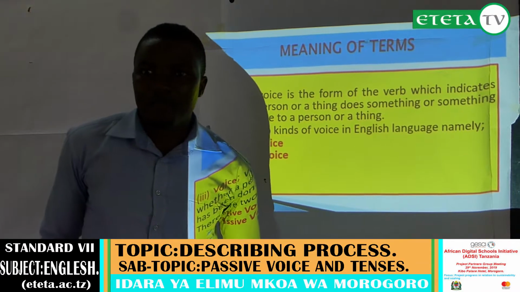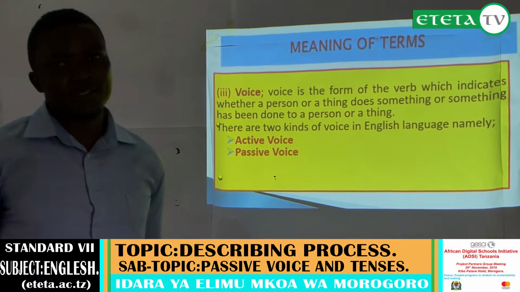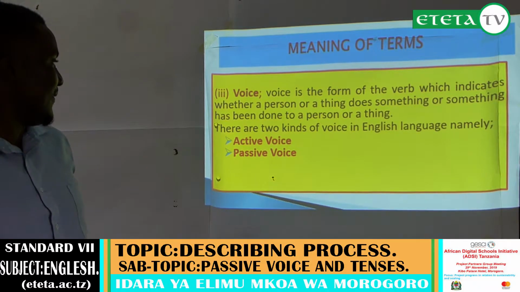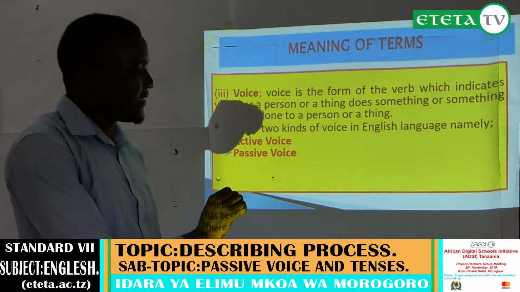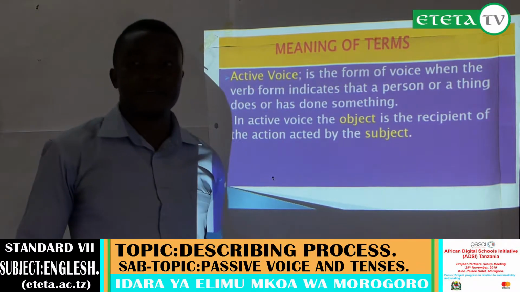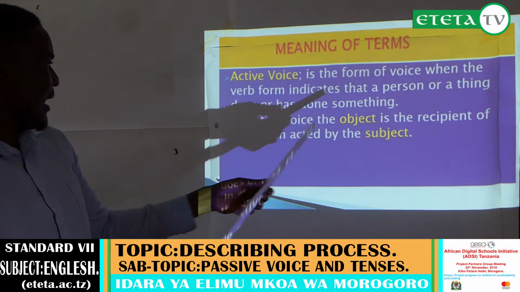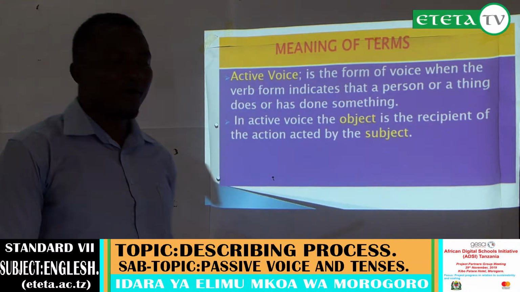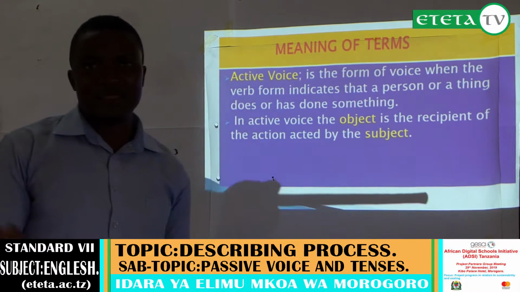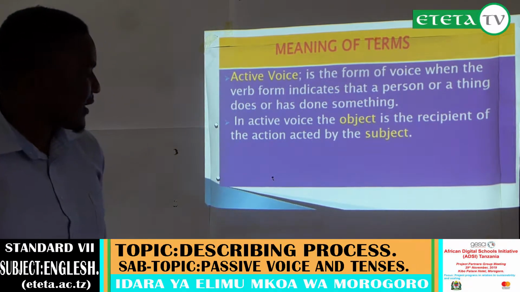We said that voice is divided into two categories, which are active voice and passive voice. And today, our topic is based on these two key terms. Active voice is the form of voice when the verb form indicates that a person or a thing does or performs something to a particular object or person.